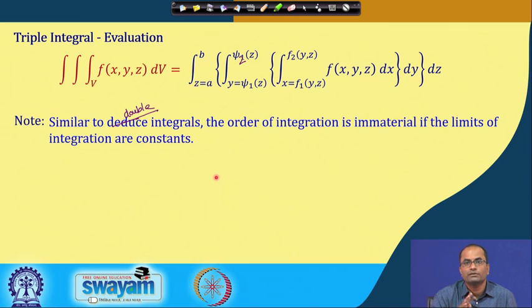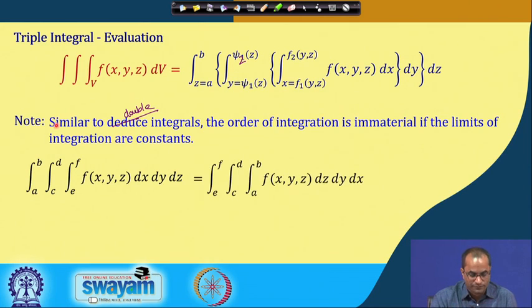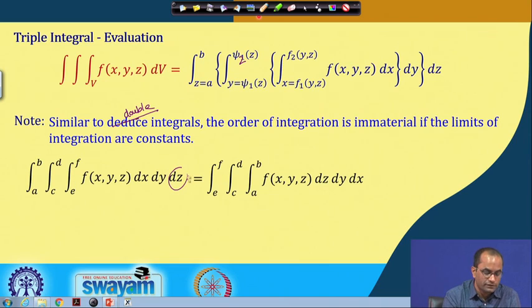So, if we are working with constant limits, for instance here the limits of x are e to f, these are constants, y is c to d and z is a to b, then we do not have to worry about the order of integration, and we can simply change the order here. So, x, y, z is now z, y and x, and the limits of z will be a to b, because in this integral the limits of z were a to b. So, here also z will be from a to b.